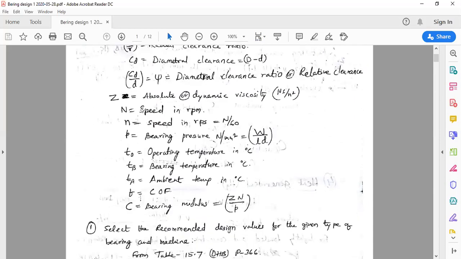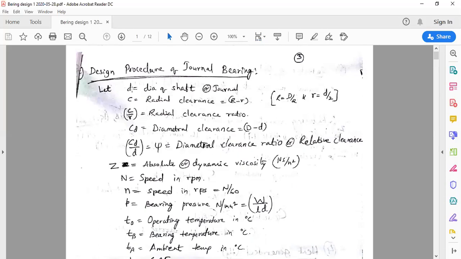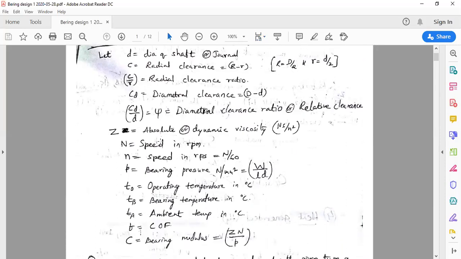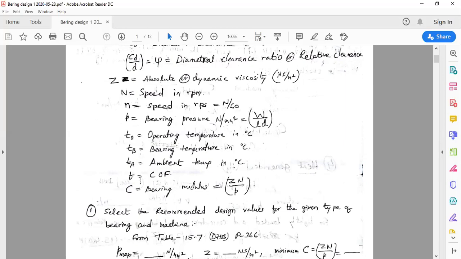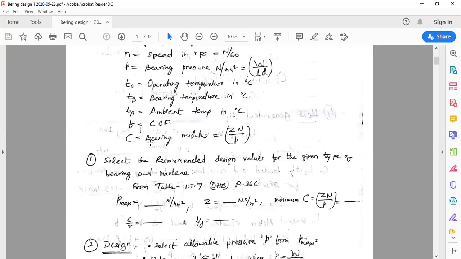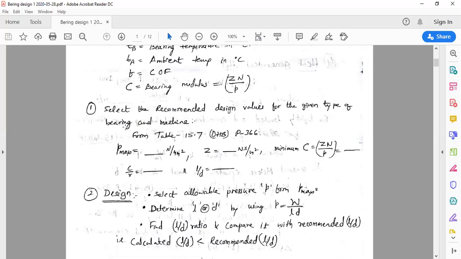So the notations remain as usual, in the same manner that we considered in the beginning. D is the diameter of the shaft, c is the radial clearance, the ratio is the diametral clearance, Z is the absolute viscosity, N is speed, small n is RPS, P is bearing pressure, that is W by L into D, T naught is the operating temperature, TB and TA are the bearing temperature and ambient temperature, f is the coefficient of friction, and capital C is the bearing modulus, that is Zn by P. With respect to application-oriented problems, this is the first step that we have to make use of.